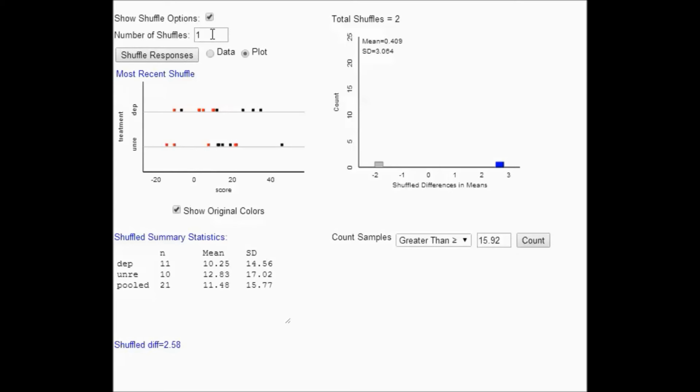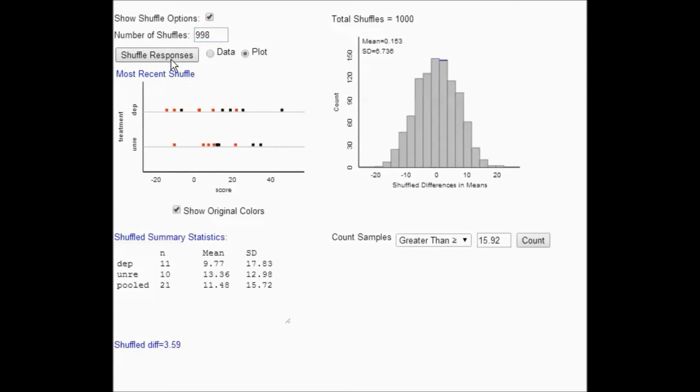Now let's take full advantage of the power of the applet by shuffling the improvement times 998 more times for a total of 1,000 repetitions to see what the results would look like in the long run under the assumption of no association. Note that the mean of the null distribution is approximately 0, which is what we would expect because it represents the simulated outcomes when there is no underlying difference in the improvement scores between whether or not someone is sleep deprived.